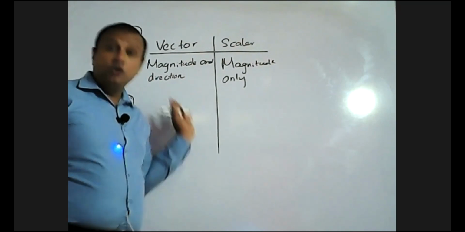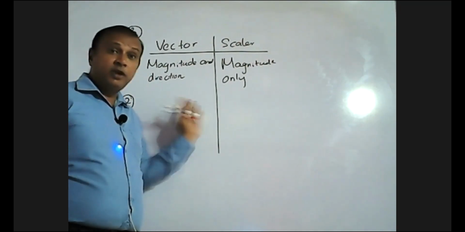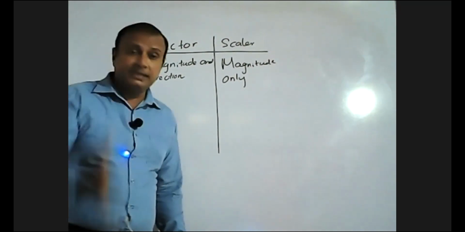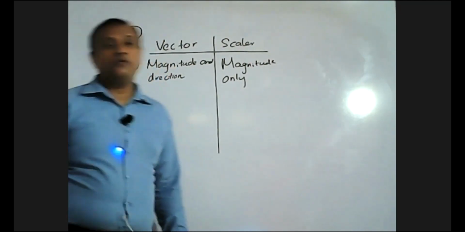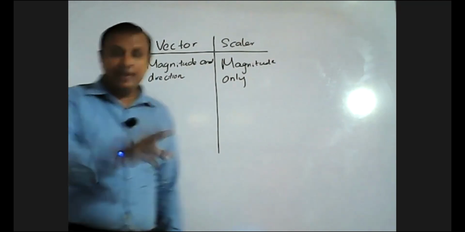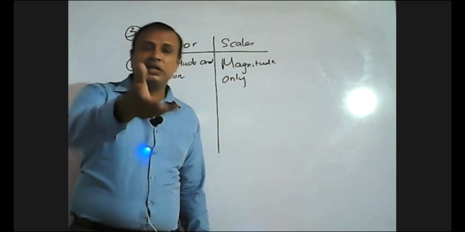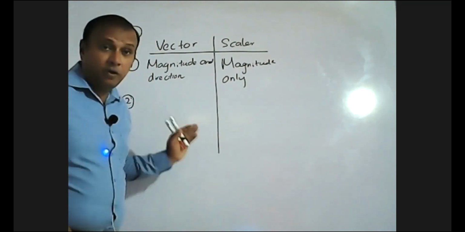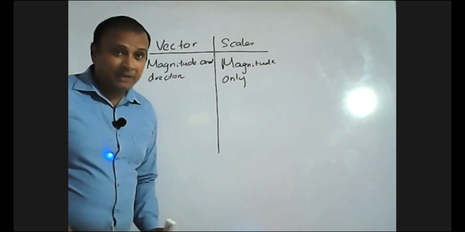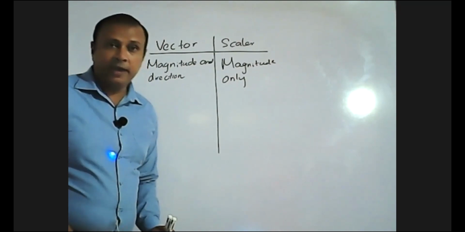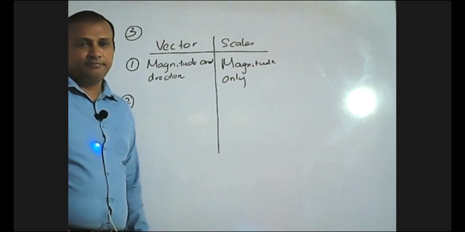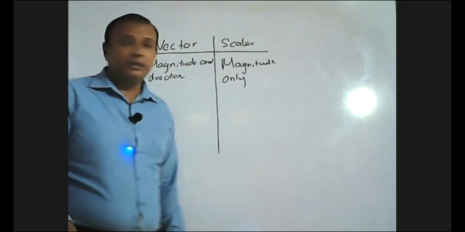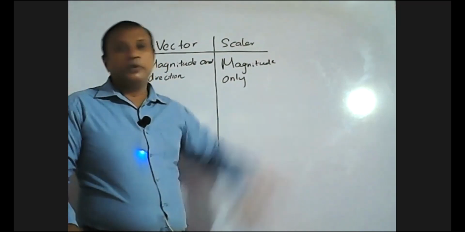When we are doing addition or subtraction, we have to consider the direction of vectors too, not only the magnitude. Therefore, we cannot perform mathematical operations in the normal way with vectors, but with scalar quantities we can.